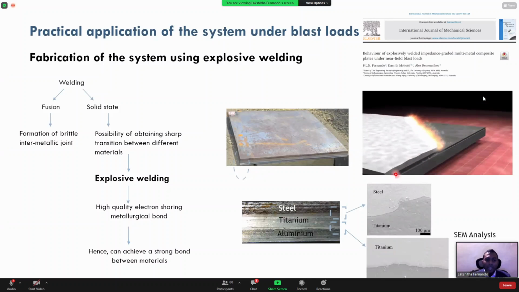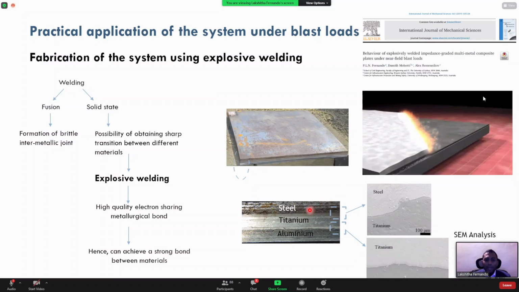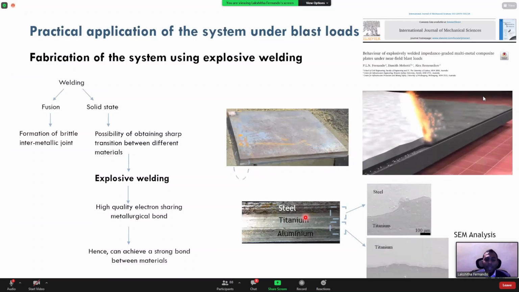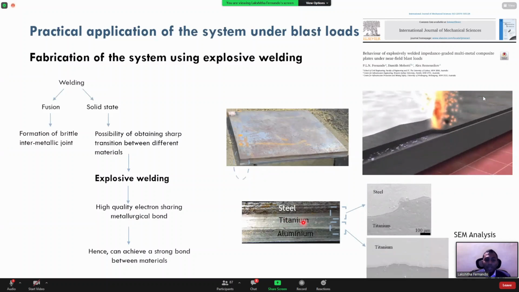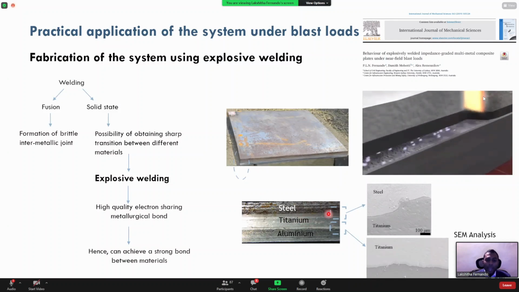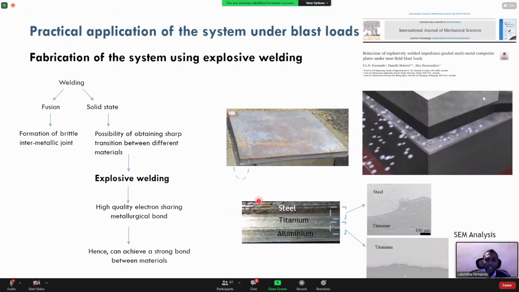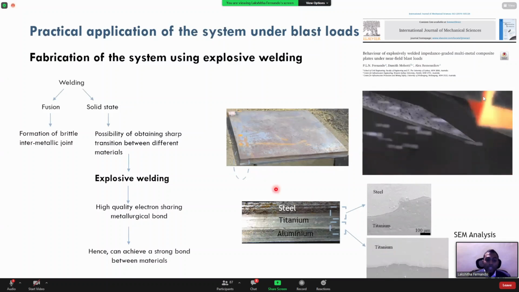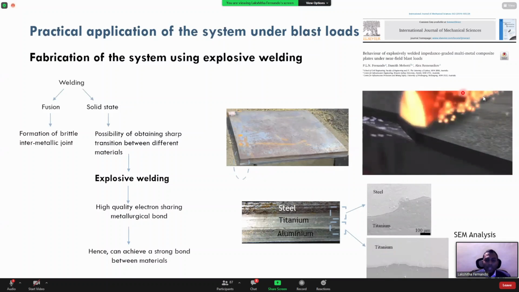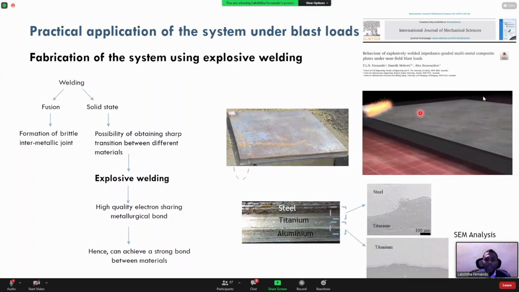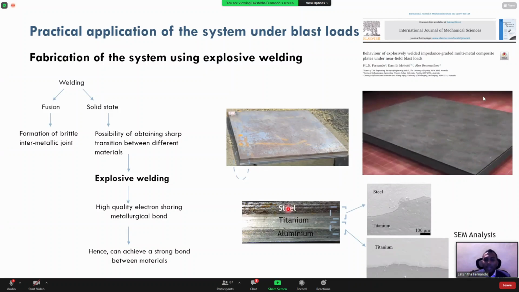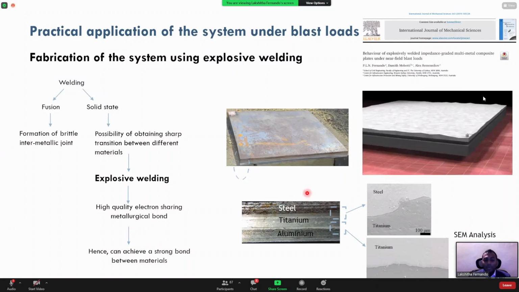So what happens is, say if you want to connect the steel to the titanium plate, you place the titanium plate at the bottom, you place the steel at the top at an angle, a slight inclination, and then you cause an explosion at the top of the steel plate. That, as you can see in the video that's getting played here. Then what happens is, without melting, because of the explosion, the steel will go and hit onto the titanium, right?